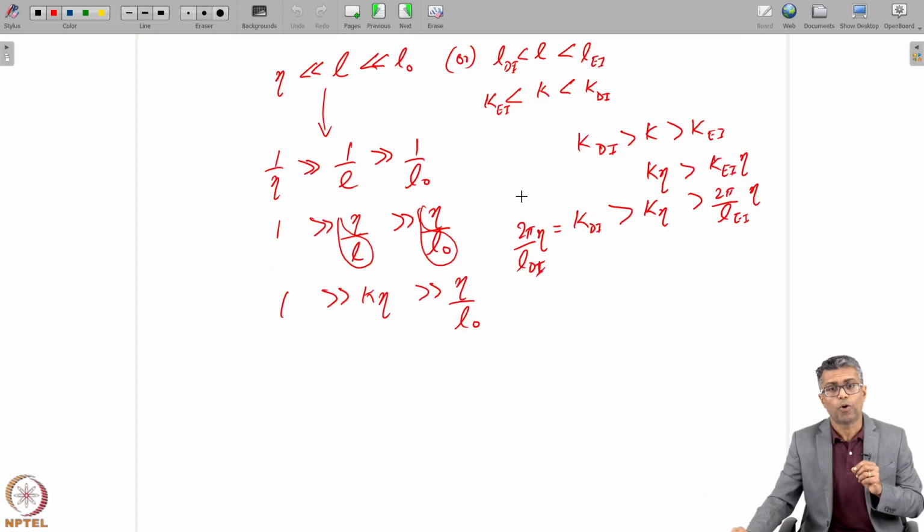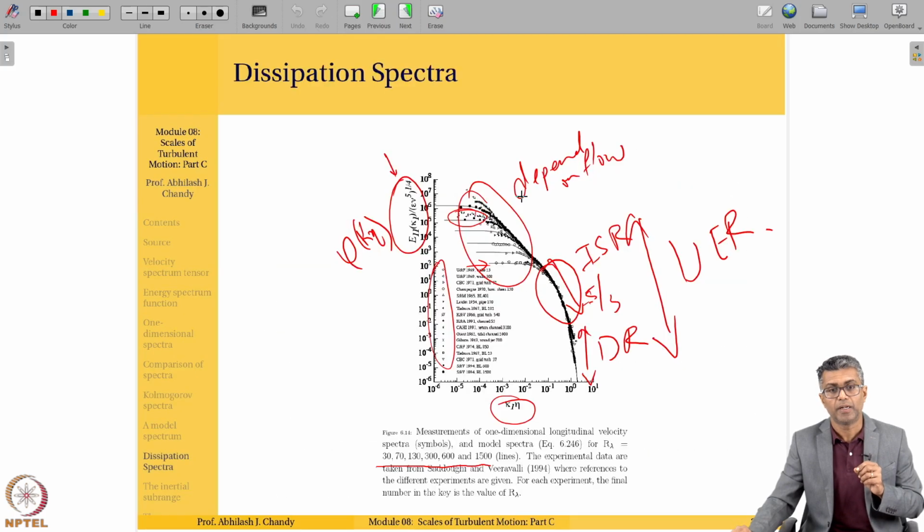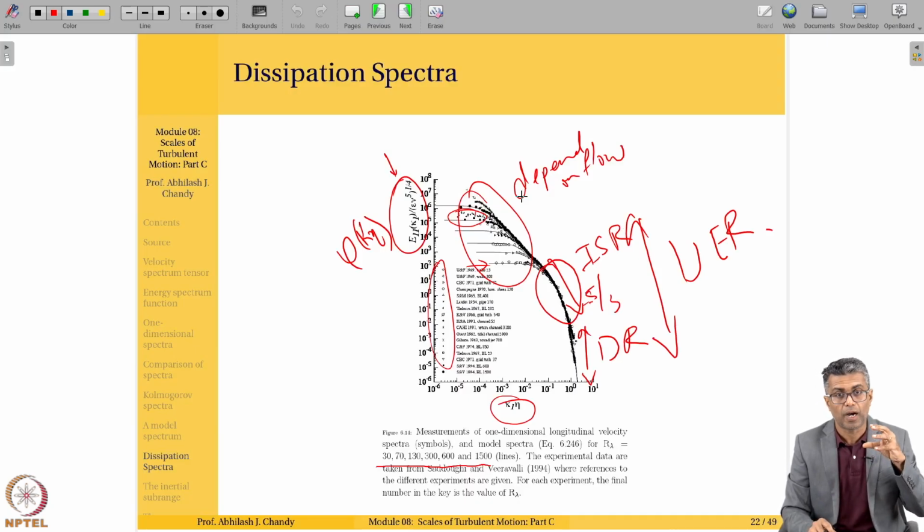Now, what we are doing in this figure is that, going back here, we are dividing the energy spectra on the y-axis by this particular expression, (epsilon nu to the fifth) to the 1/4. So then it becomes non-dimensional. Not just non-dimensional, we are scaling it with the right parameters.